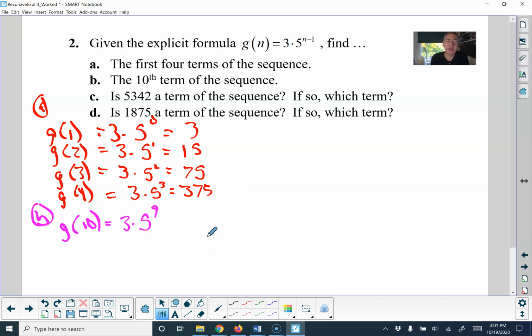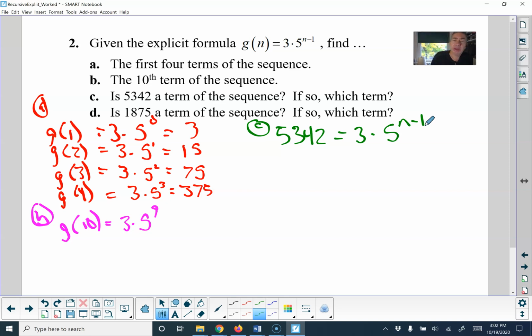Question C. Is 5,342 a term of the sequence, and if so, which term? Let's do it. That we can even do without a calculator. 5,342 is 3 times 5 to the n minus 1 power. So, divide both sides by 3. No surprise there.